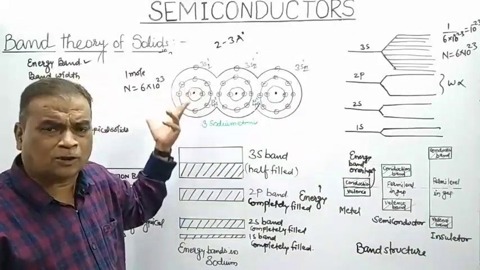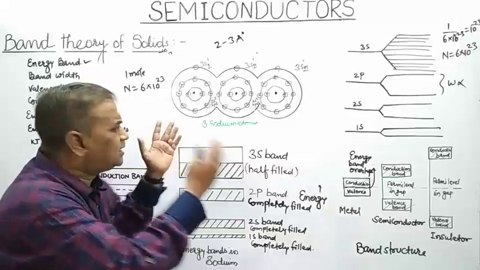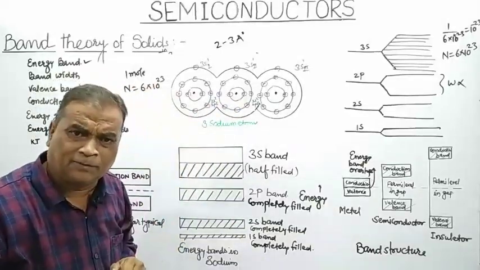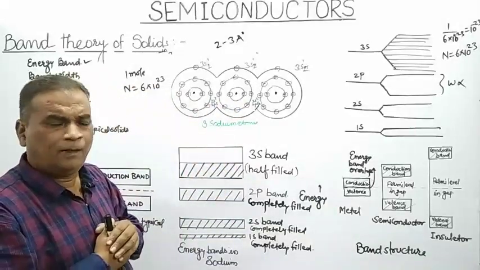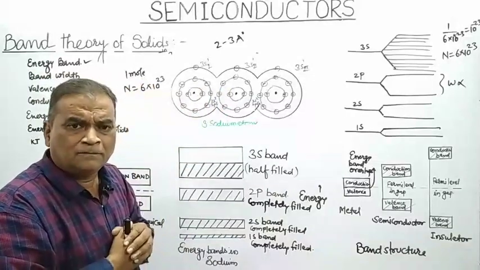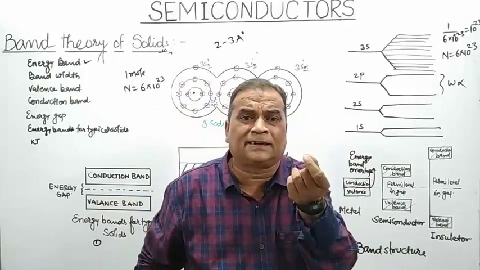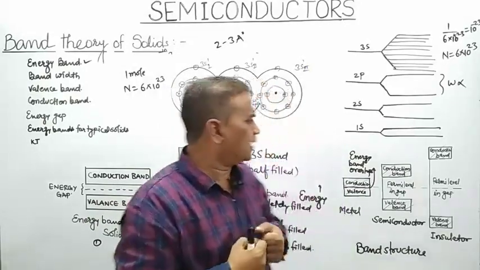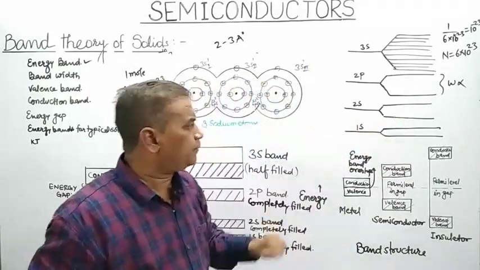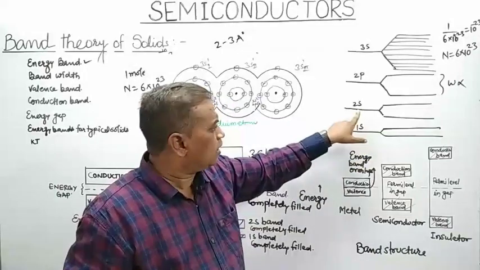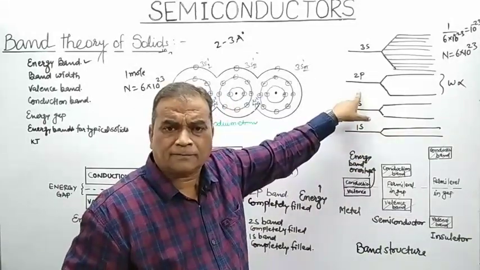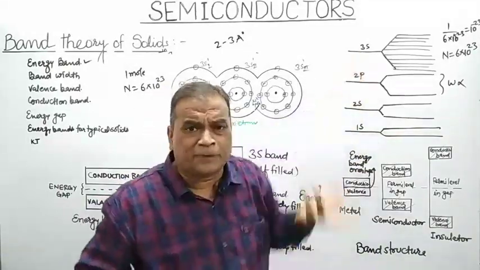Electrons in the inner orbit will also interact with their neighboring atom during the formation of solid, but their interaction is weak. Their interaction is weak means variation in their energy is very, very small. So that's why the bandwidth of the 1s band or 2s band or 2p band is less than that of the 3s band.